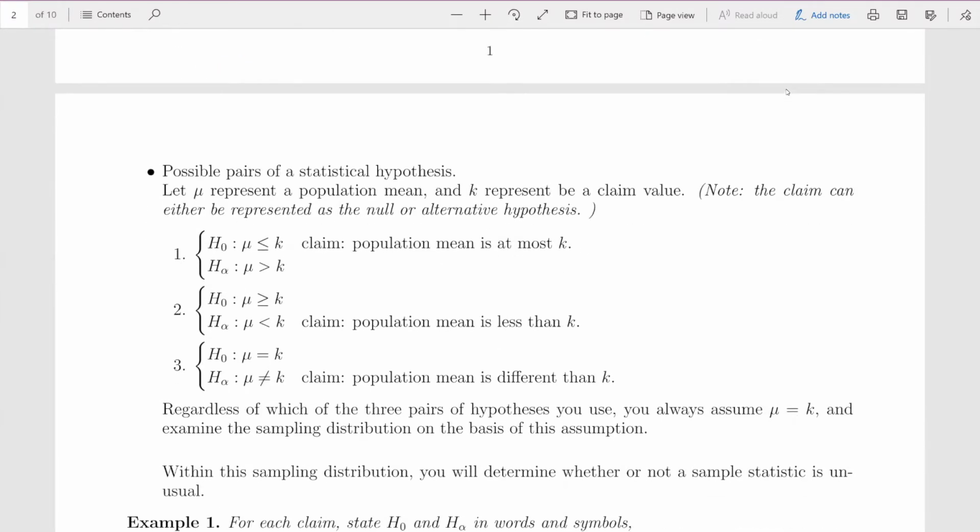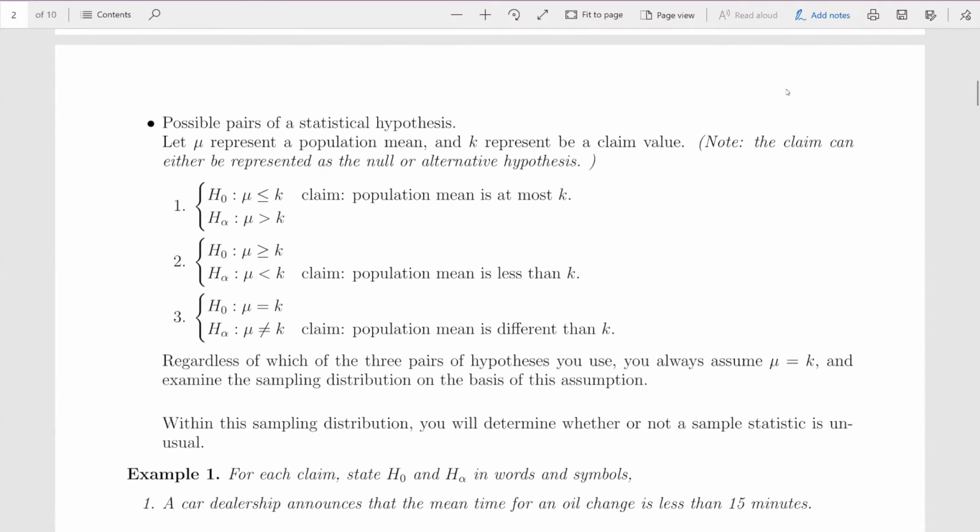If the null hypothesis is that the population mean is greater than or equal to k, then the alternative hypothesis will be that the population mean is strictly less than k.